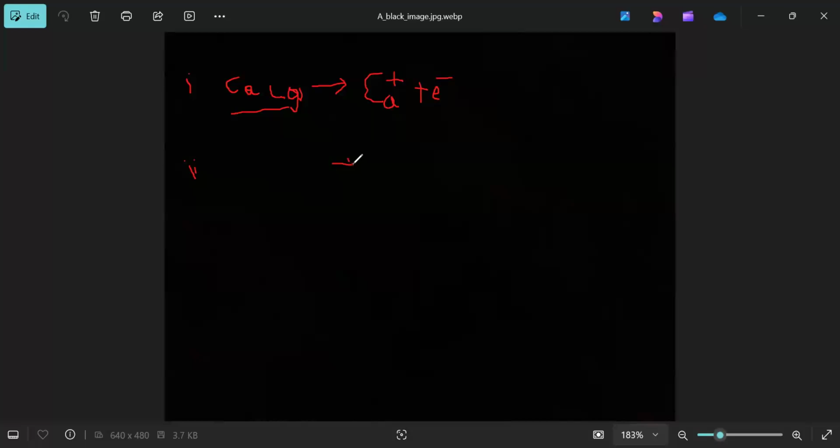So here we're going to have K, 3 plus. This means that yet again, we take one more electron from the potassium, which previously had a 2 plus charge and now becomes a 3 plus charge, plus one electron equals this. So that's the third ionization energy.